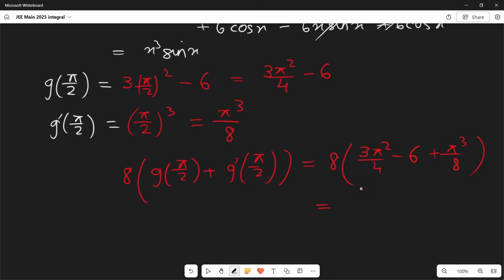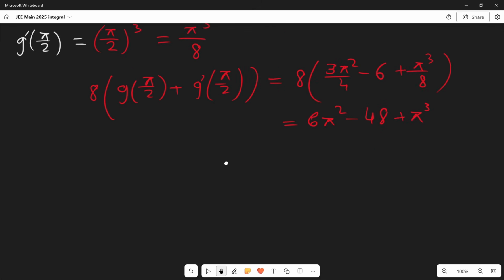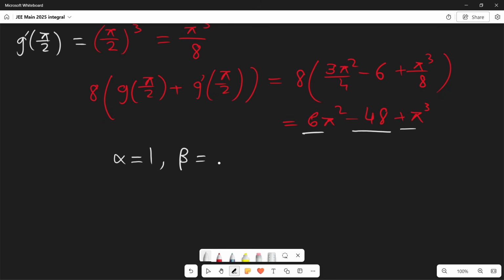This is 6 pi square minus 48 plus pi cube. Now check the coefficients. The coefficient of pi square is 6, coefficient of pi cube is 1, and the constant is minus 48. So we have alpha equals 1, beta equals 6, and gamma equals minus 48.